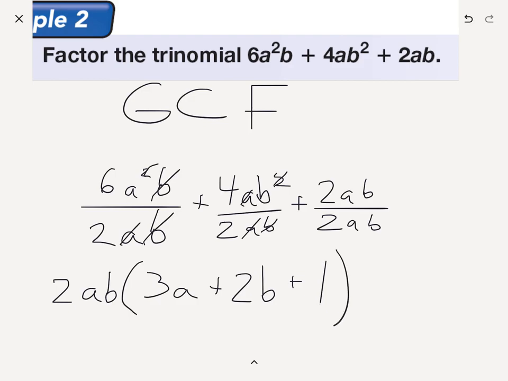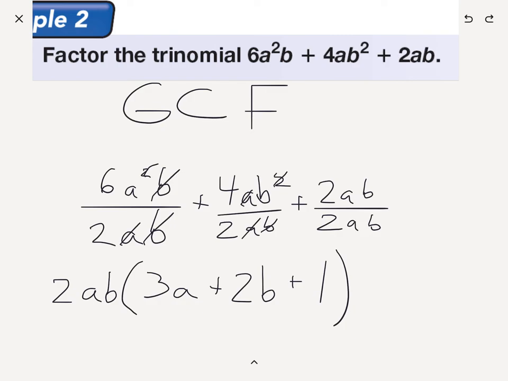Okay, and so this would be the factored version of a trinomial. One more time, you want to find the greatest common factor of each term. And you do that by seeing what are the common factors in there. In this case, they were all multiples of 2. They all had at least one a, and they all had at least one b. So we could say 2ab for that.